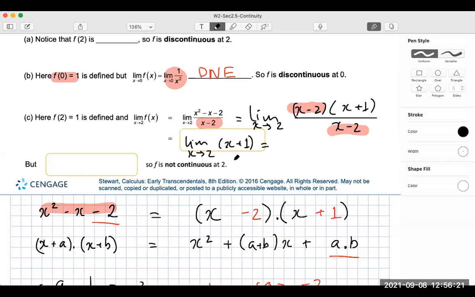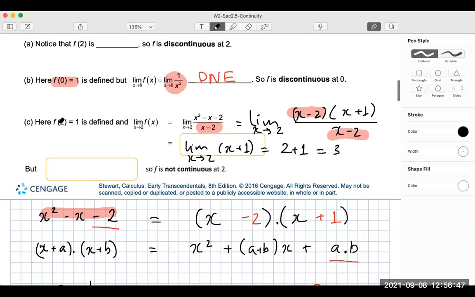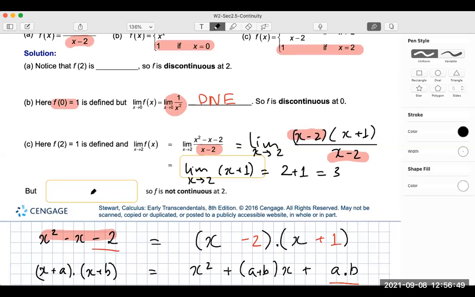Now it's easy, right? Then we can substitute this. Good job. So the limit of this when x approaches 2 is equal to 3, but f at 2 is equal to 1. Then it violates the definition of the continuous function, right? Therefore, it is not continuous, right?